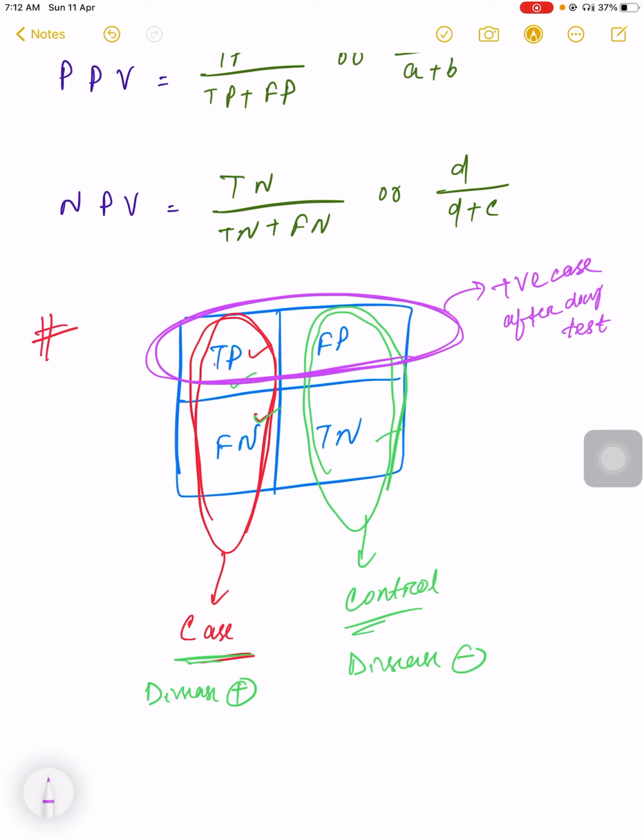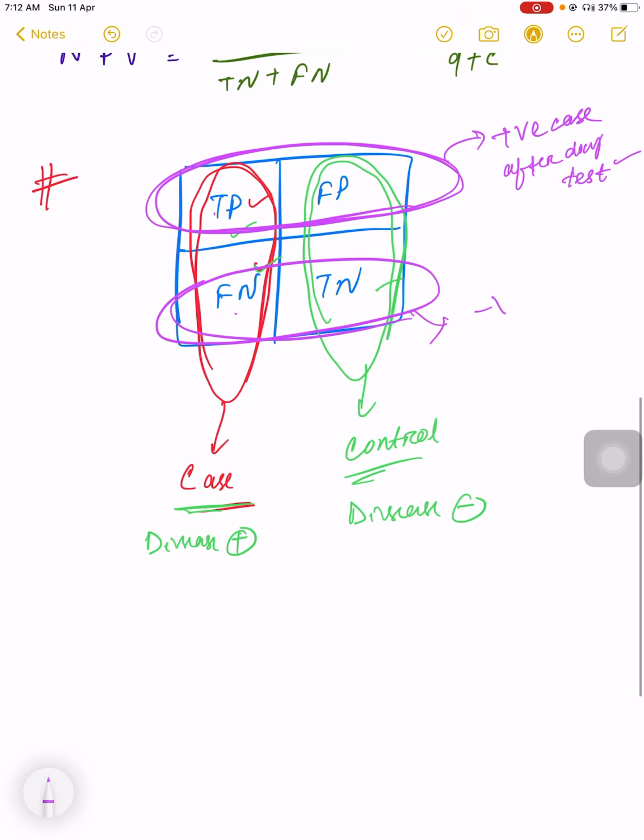So these two are called positive cases after doing the test, and these two, false negative and true negative, are negative cases after doing the test. Fine. These things you should remember.